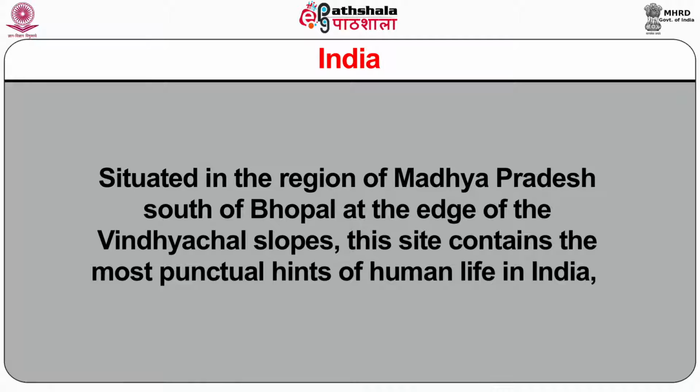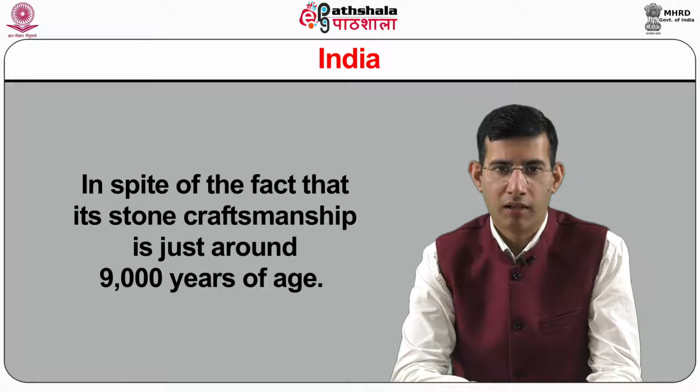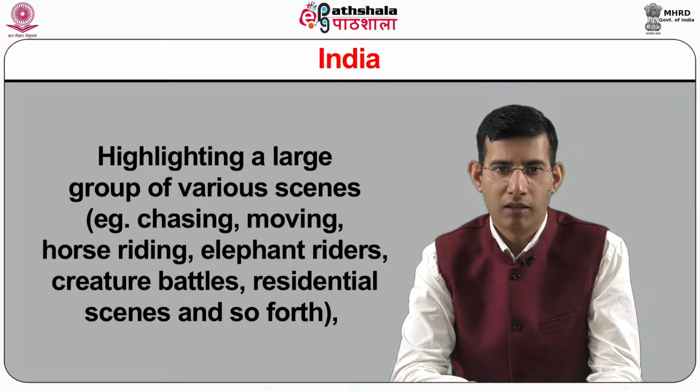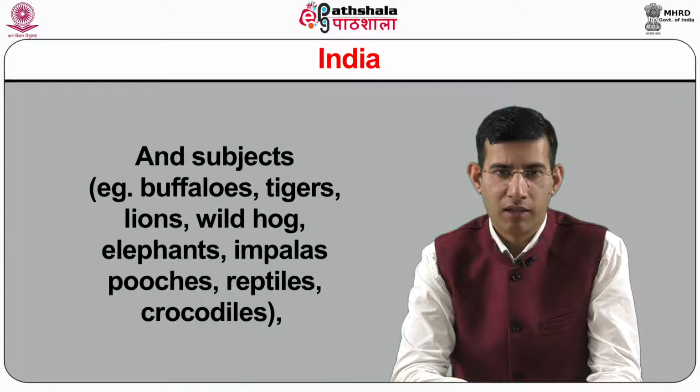These sites contain the earliest traces of human life in India, although the rock art is around 9,000 years old, featuring a host of different scenes: hunting, dancing, horses, riding elephants, animal fights, domestic scenes and so forth, and subjects like buffaloes, tigers, lions, wild boars, elephants, antelopes, dogs, lizards, crocodiles, all generally painted in red and white with occasional use of green and yellow.